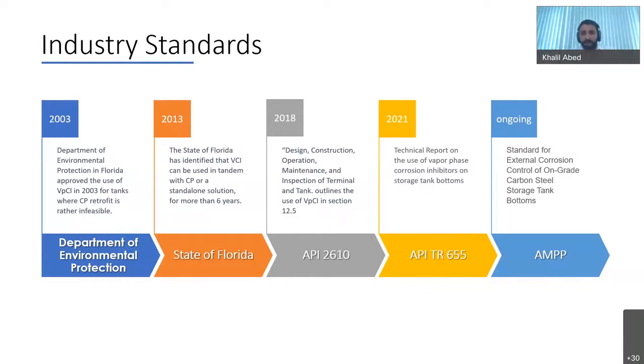And also AMP, which is formerly known as NACE, has another standard that is being completed by task group 543, which is a comprehensive document on the protection of tank floors against soil side corrosion, and it also provides details on the utilization of vapor phase corrosion inhibitors for protection against soil side corrosion.